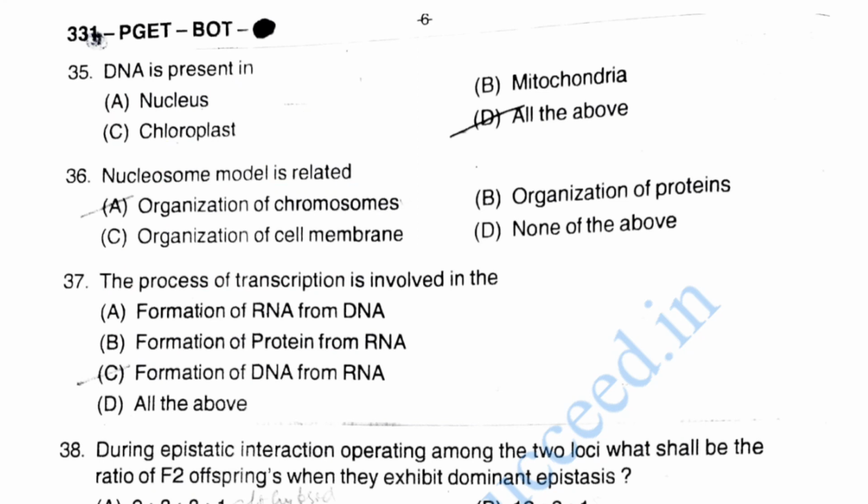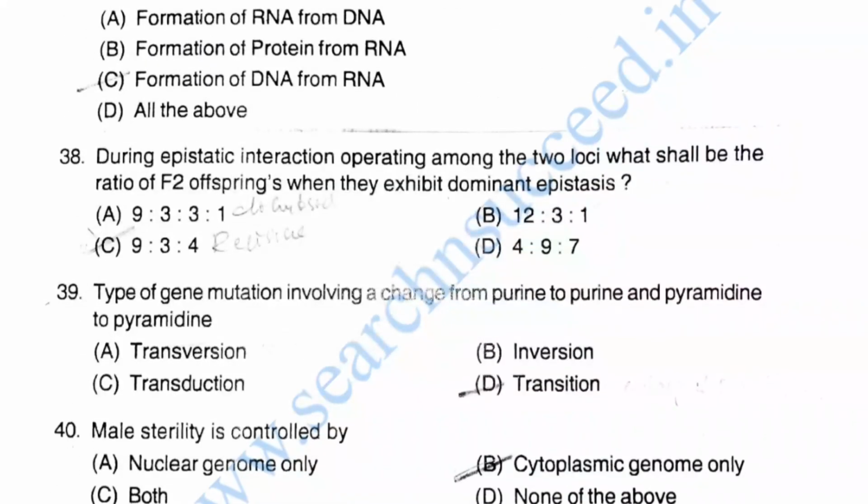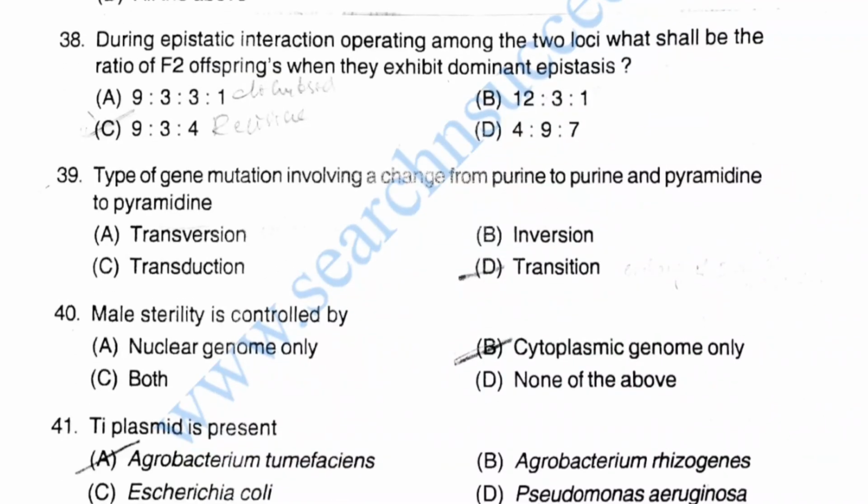Question number 38. During epistatic interaction operating among the two loci, what shall be the ratio of F2 offsprings when they exhibit dominant epistasis?